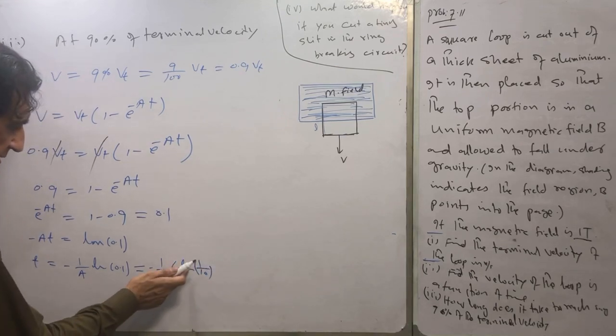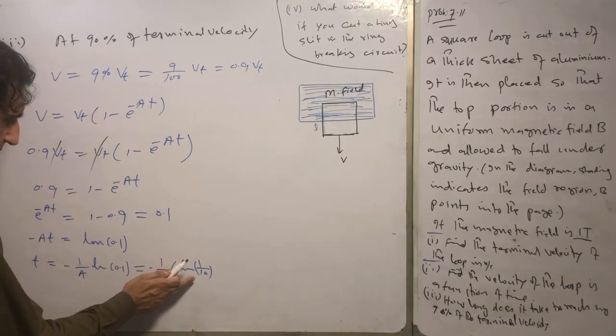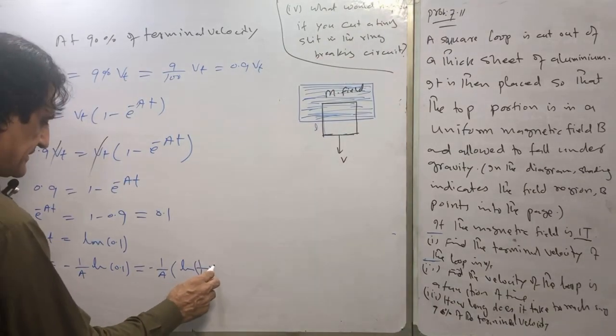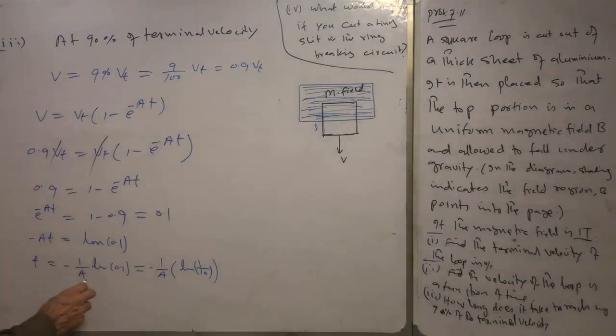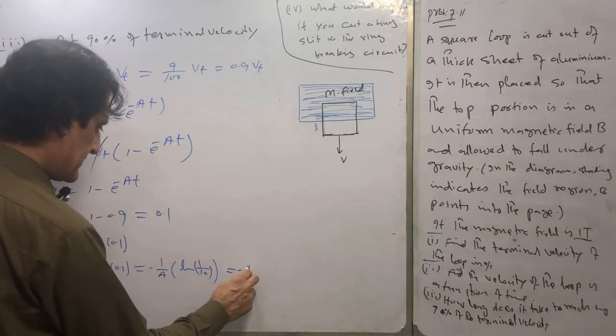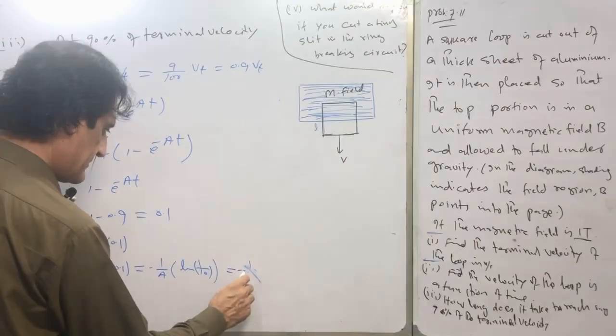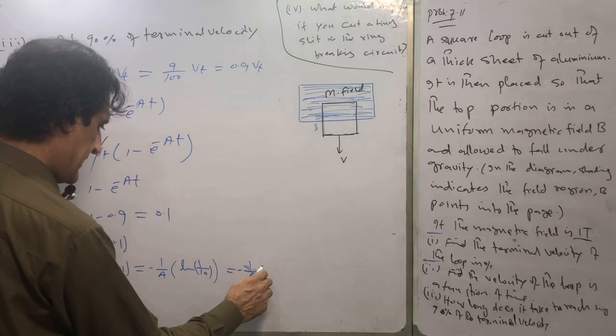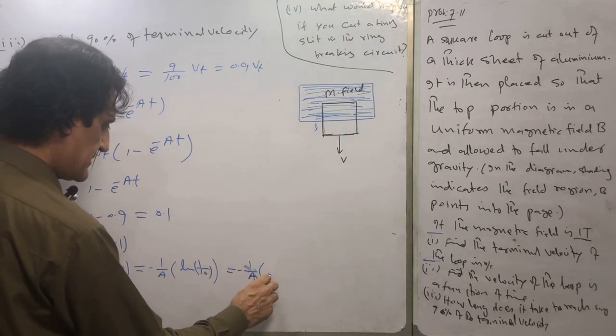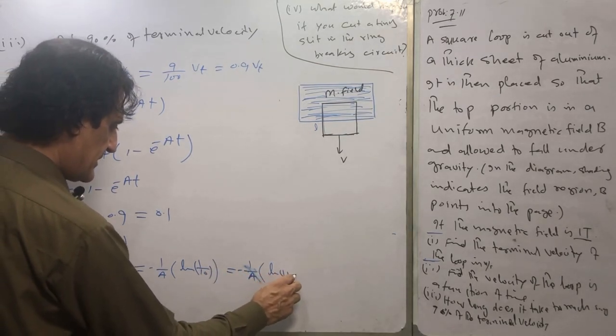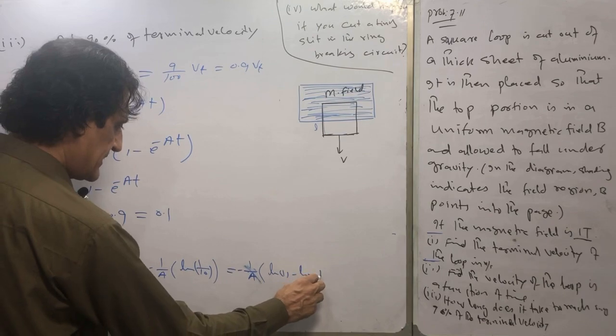We can write 0.1 as 1 divided by 10, and then minus 1 over a, and we can also write log of 1 minus log of 10.